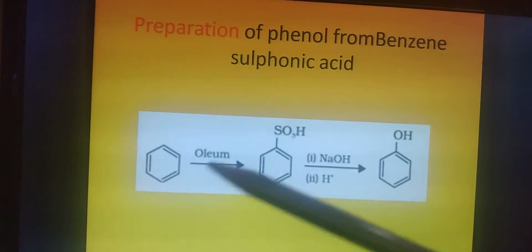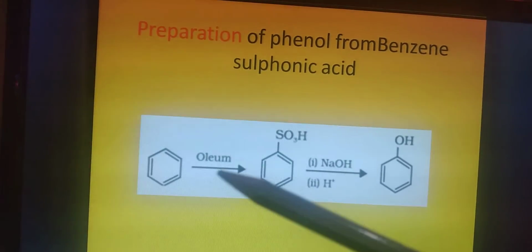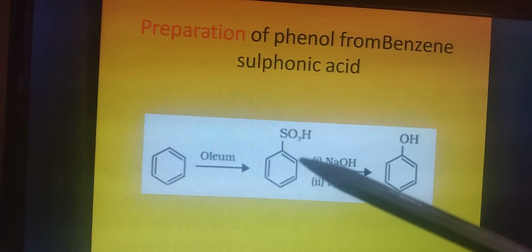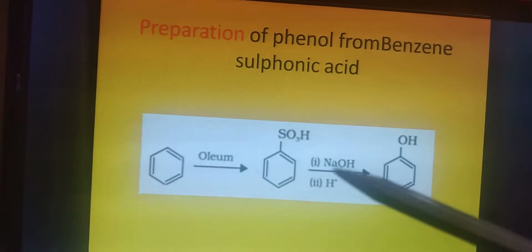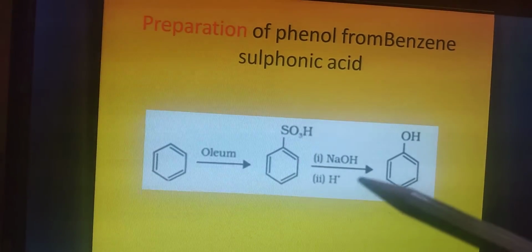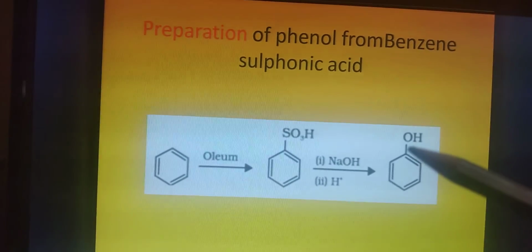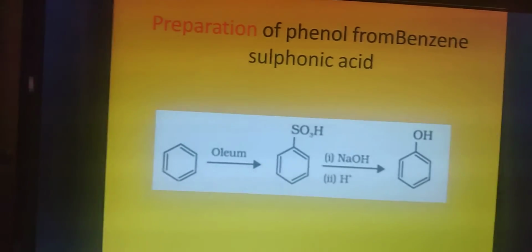So benzene reacts with oleum. It is a sulfonation of benzene. So benzene reacts with oleum and forms benzene sulfonic acid. This benzene sulfonic acid reacts with sodium hydroxide and then acidic condition to form phenol. So this is a preparation of phenol from benzene sulfonic acid.